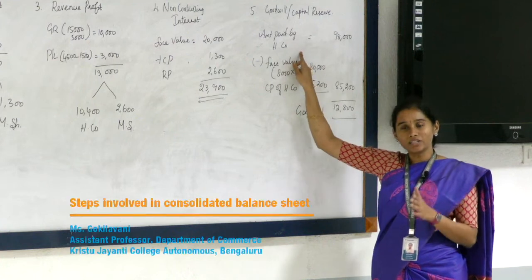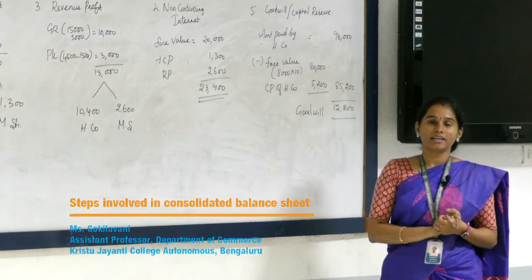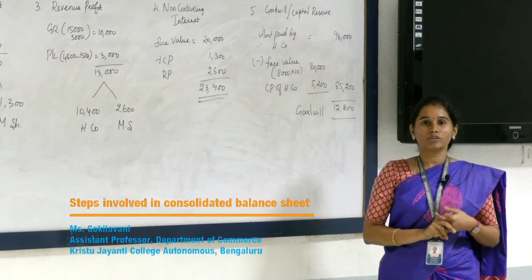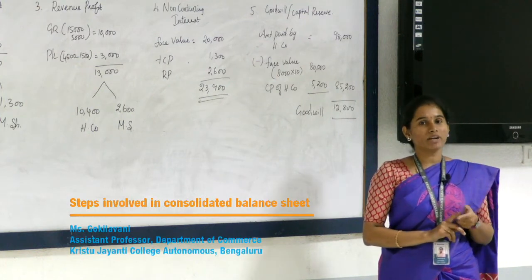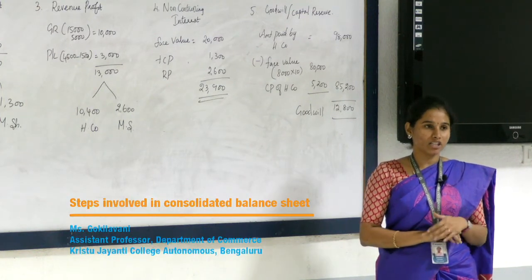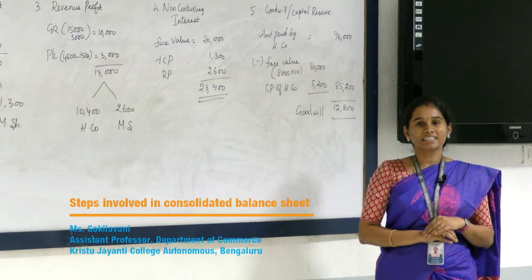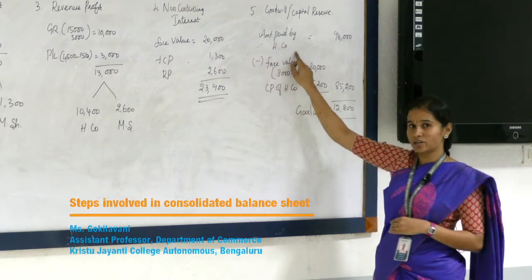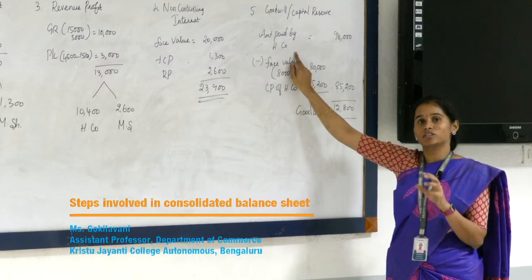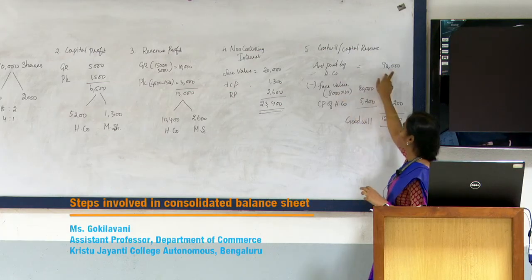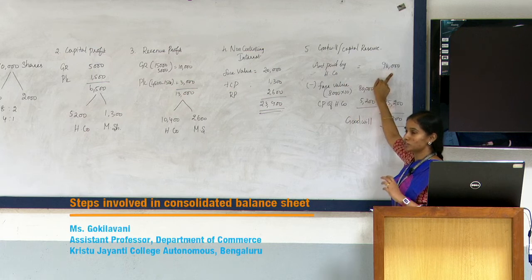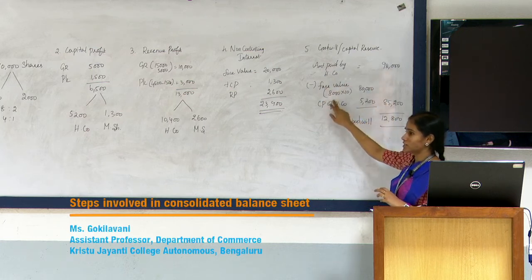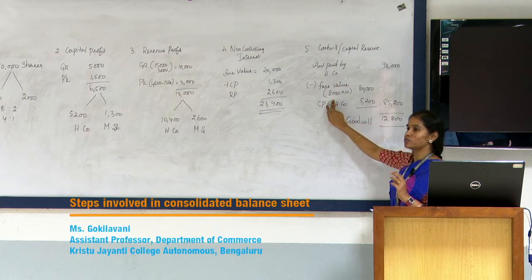In the balance sheet under the asset side, we have one item called investment. The investment by the holding company, that is H Limited, is 98,000. So, the amount paid by the holding company to acquire 8,000 shares is rupees 98,000.